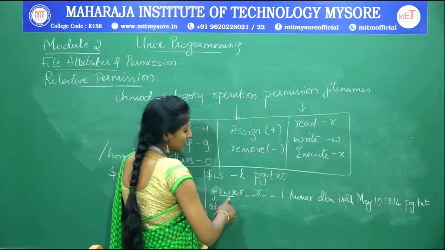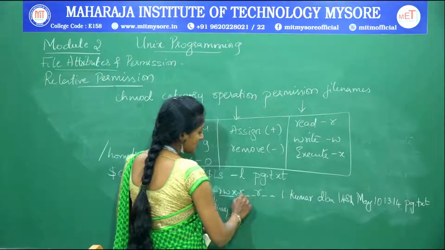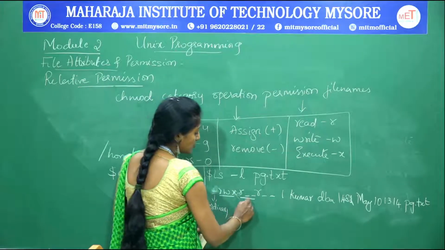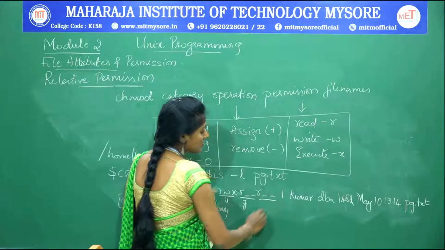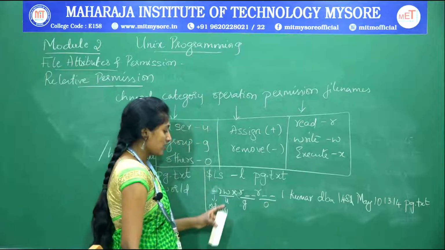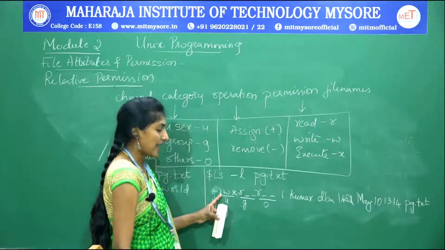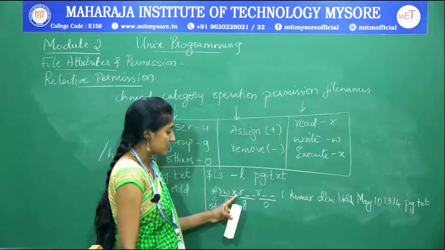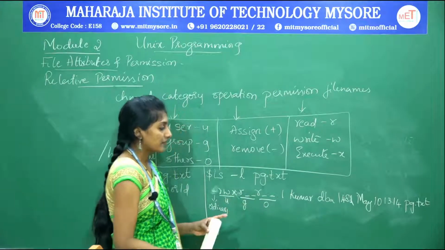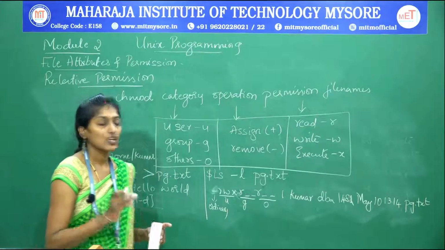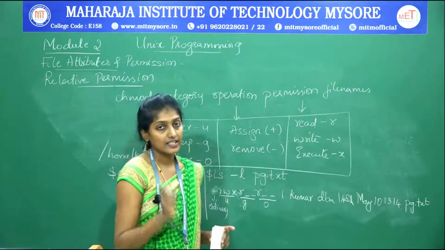Next, the first 3 bits represent the owner permission, the next 3 bits represent the group permission, and the last 3 bits represent the other permission. The owner has read, write and execute permission. Group has only read permission, and others also only read permission. So what if I want to assign the group the execute permission?